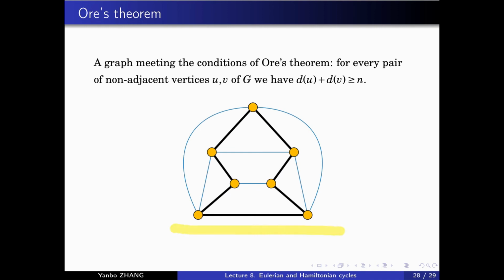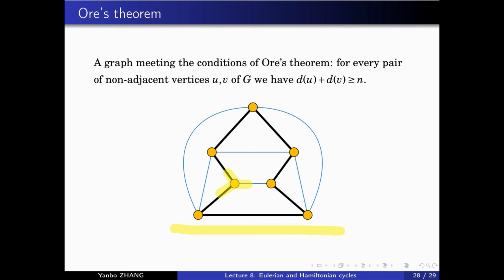Here is a graph with 7 vertices and minimum degree 3. It does not meet the condition of Dirac's theorem. Dirac's theorem asks the degree of every vertex to be at least half of n. 3 is not greater than or equal to half of 7.